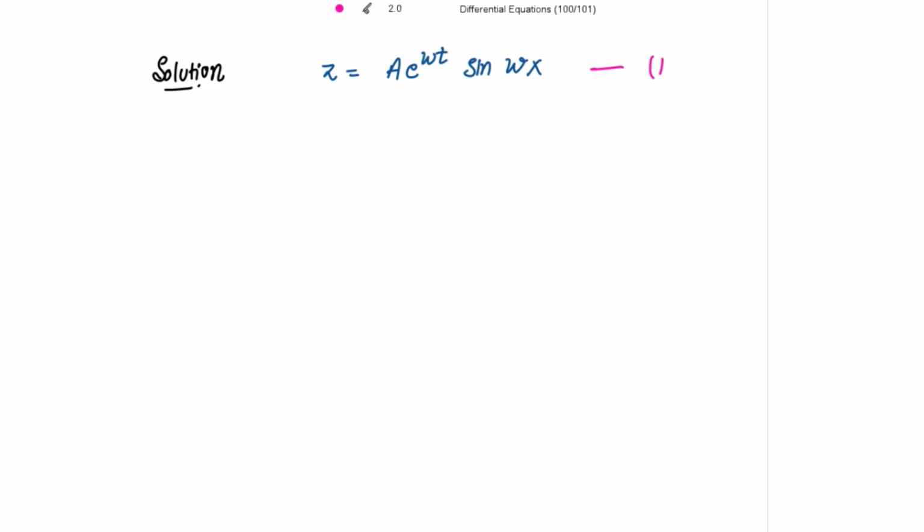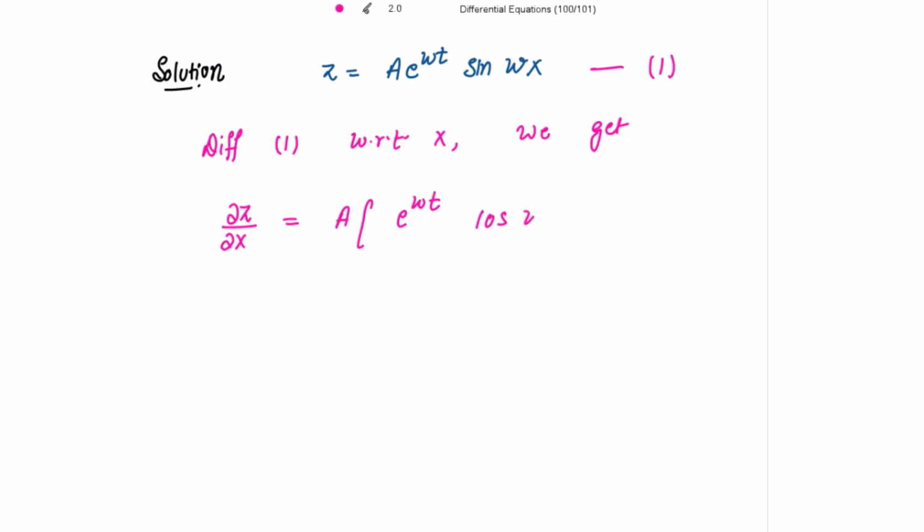Let me mark this as 1, and we have to first differentiate 1 with respect to x. So we get partial derivative of z with respect to x equal to a into the first function into the derivative of second, that is the cos of wx into w, plus the second function into the derivative of first, that is 0.